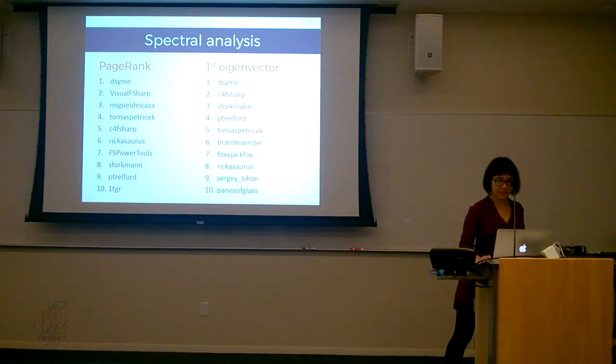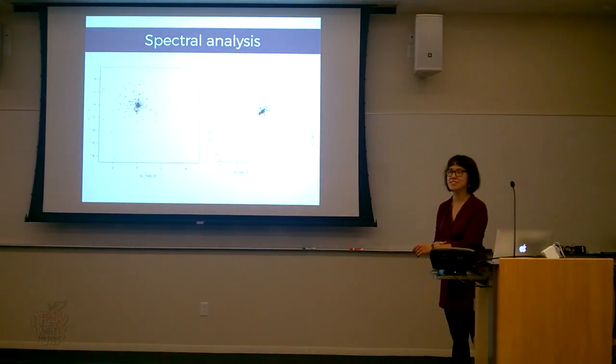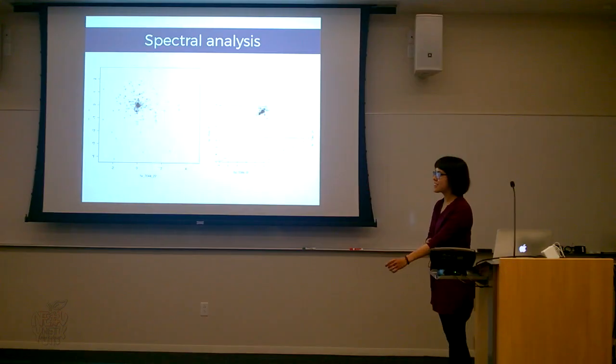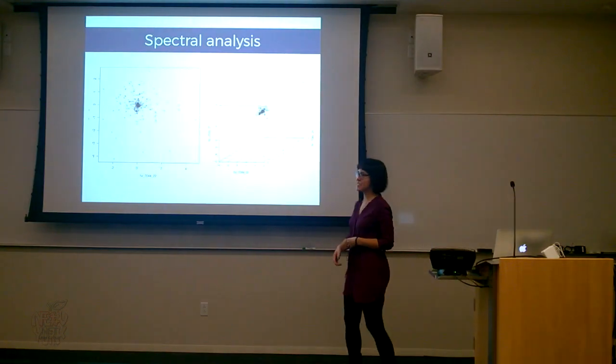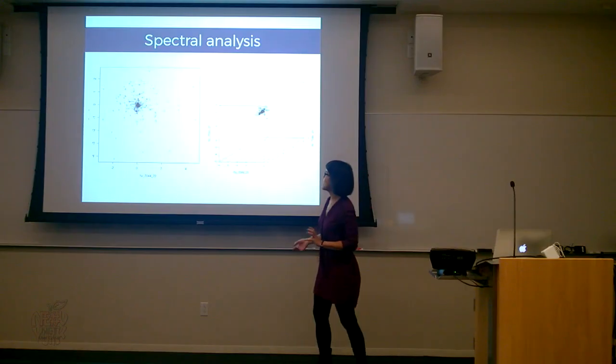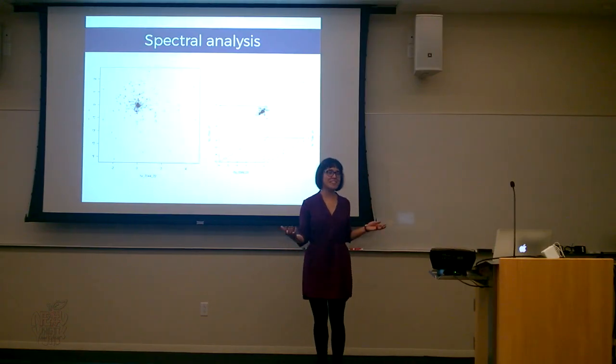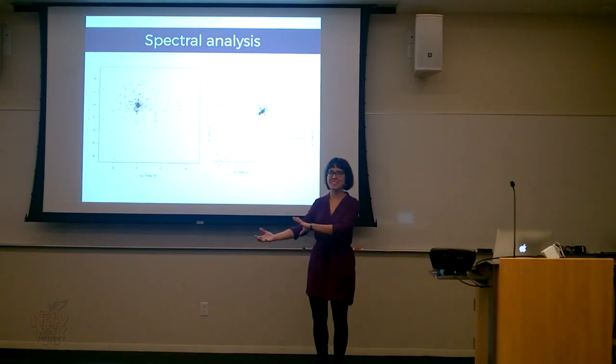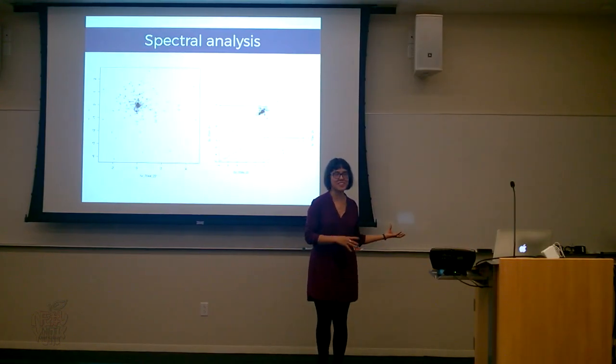But what we can do next is look at the other eigenvectors, and they actually represent the community structure in the network. And I was hoping to see at least some geographical structure. For example, the US community would be slightly different than the UK community.